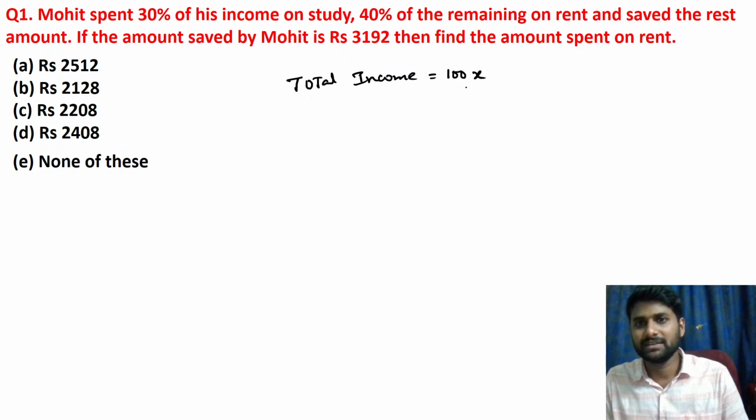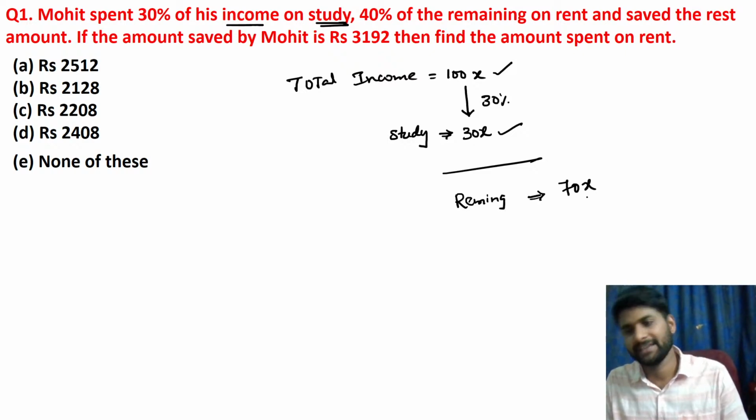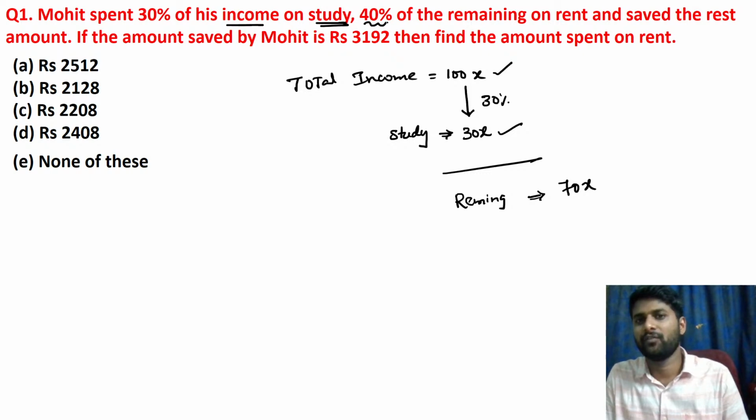Mohit spent 30% of his income on study, so 30% value is exactly equal to 30x. Out of 100x, he spent 30x for study. Now we are left with the remaining amount of 70x. The next information: 40% of the remaining on rent.